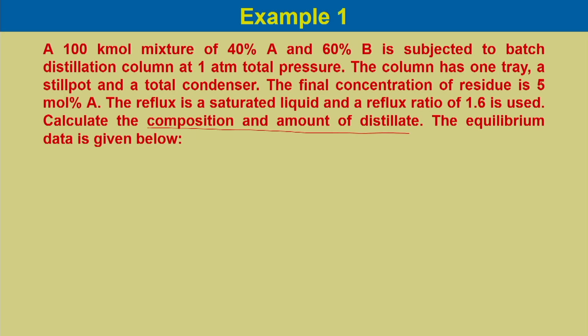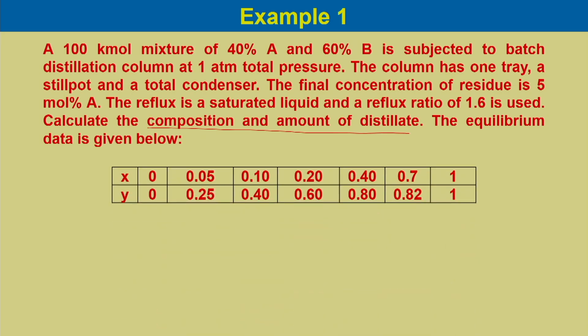The column has one tray, a still pot and a total condenser. The final concentration of the residue is 5 mole percent A. The reflux is a saturated liquid and a reflux ratio of 1.6 is used in this case. Calculate the composition and amount of distillate.